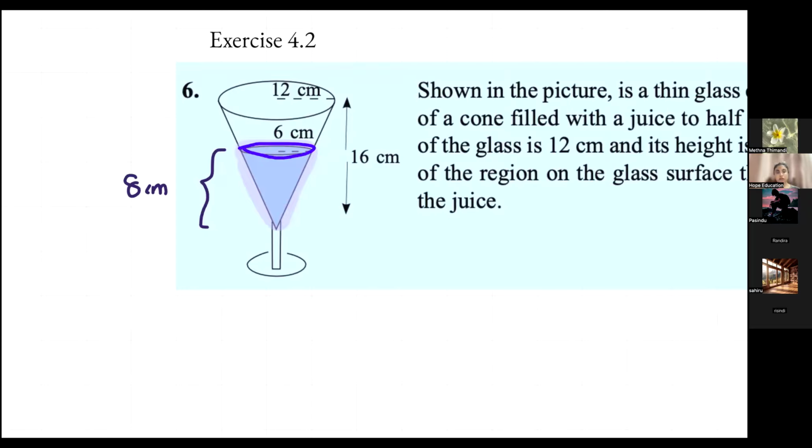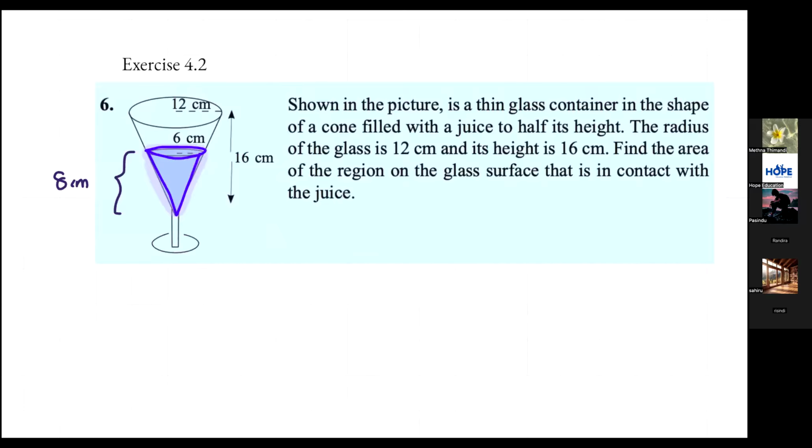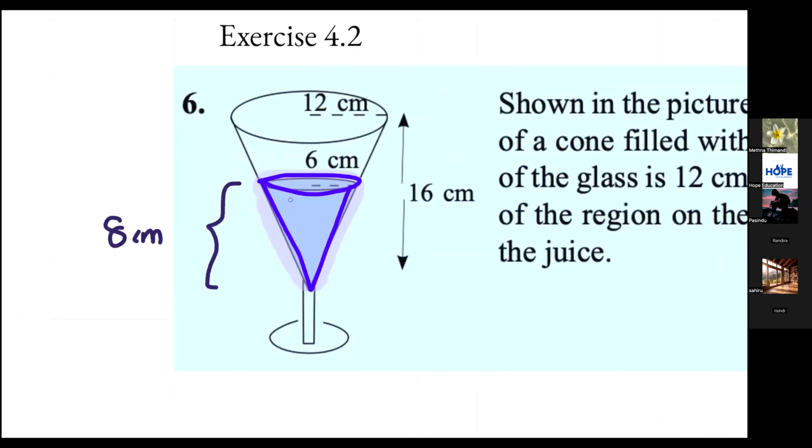This itself is a cone. The glass is a cone, and the part filled with juice is also a cone. We are asked for the area of the region on the glass surface that is in contact with the juice. Then this part of the glass, the part that I'm shading right now, is it in contact with the glass surface?